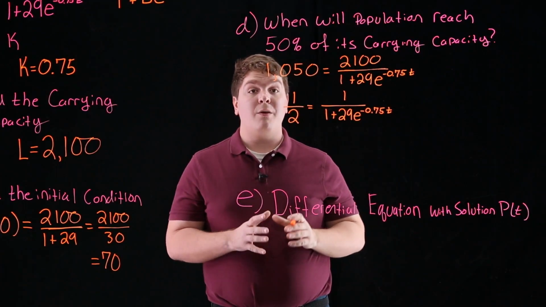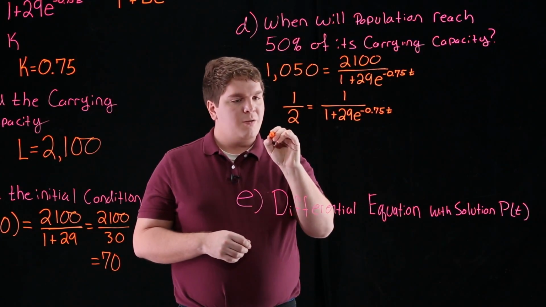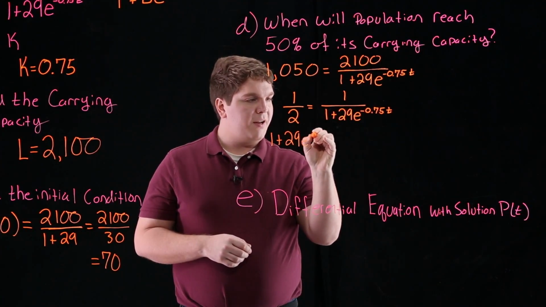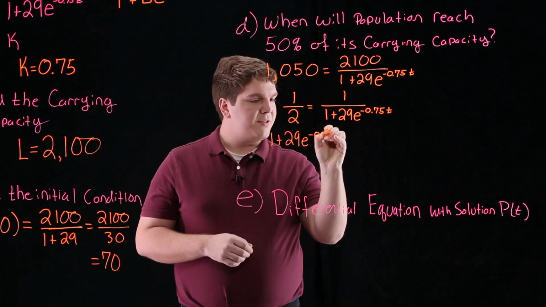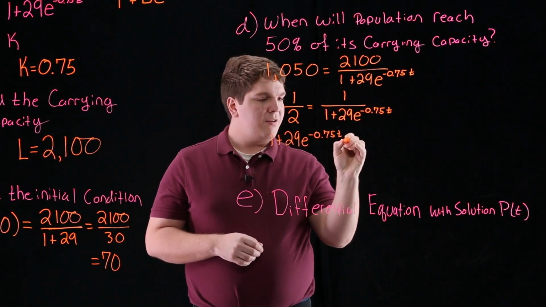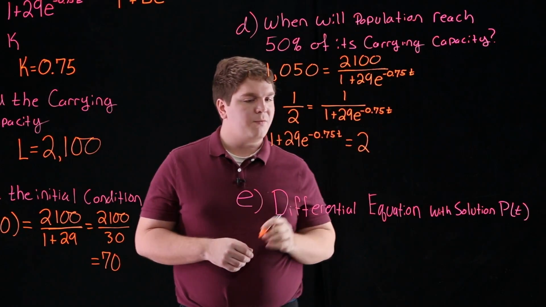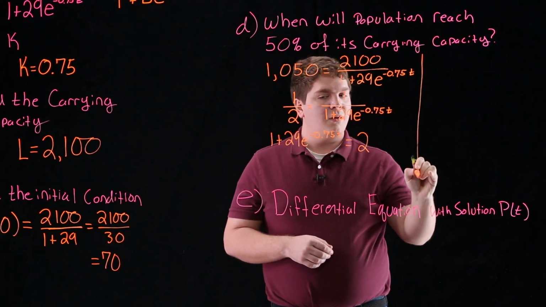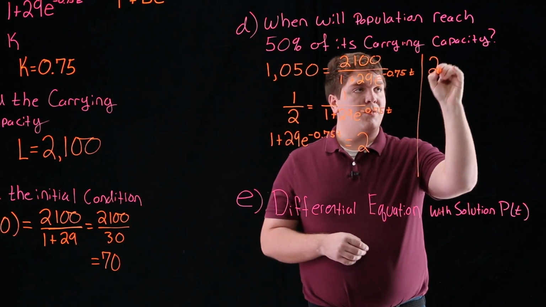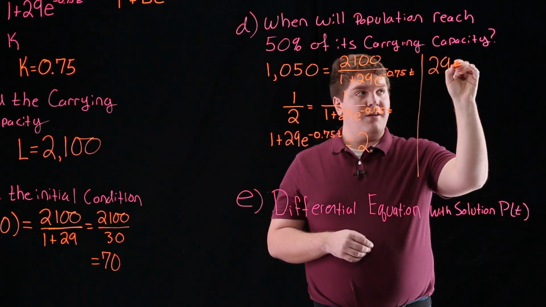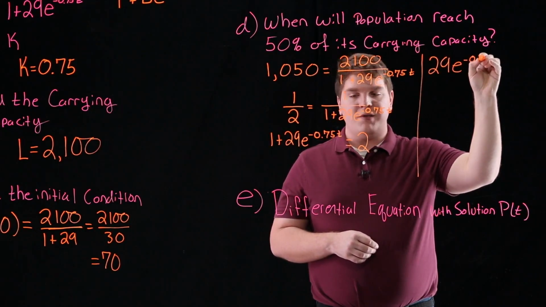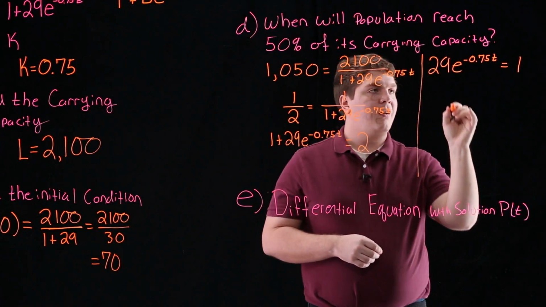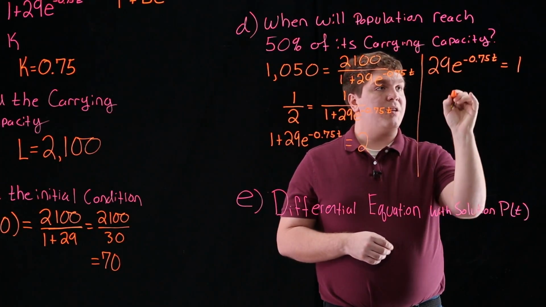So at this stage, we can go ahead and we can cross multiply, which gives us 1 plus 29 e to the negative 0.75 t is equal to 2. We can subtract 1 from both sides of this equation, which leaves us with 29 e to the negative 0.75 t is equal to 1. Divide both sides of this equation by 29.